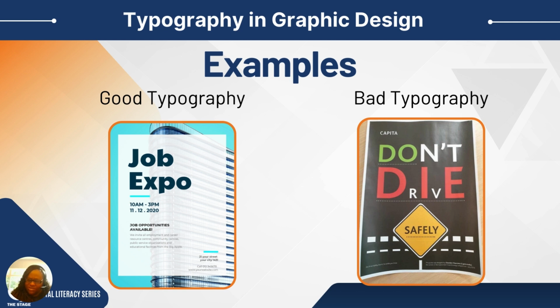What? Is that what they're trying to convey? Or are they saying don't drive safely? Or do drive safely? What are we supposed to do? The message is confusing based off of, number one, the colors that they chose to use for the emphasis, the font sizes, the font weights. Very confusing message there.